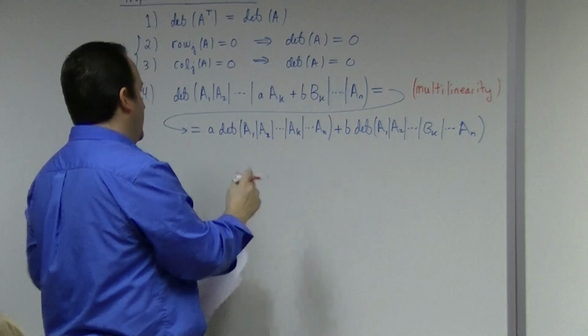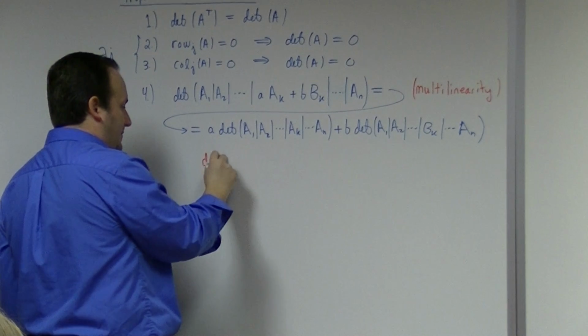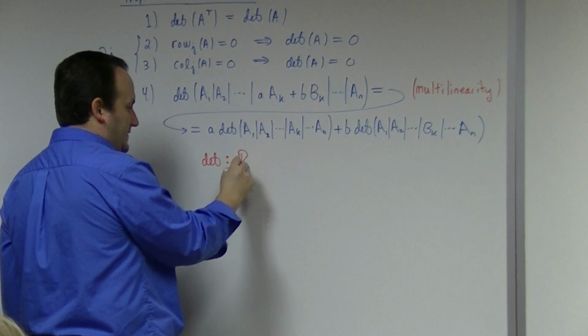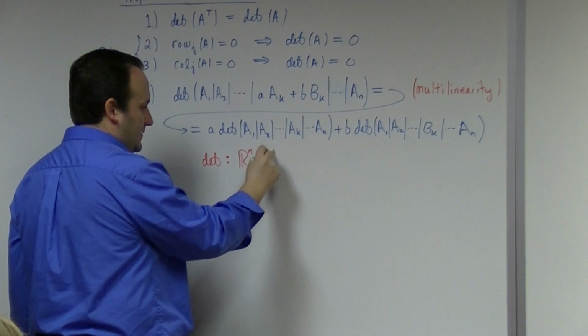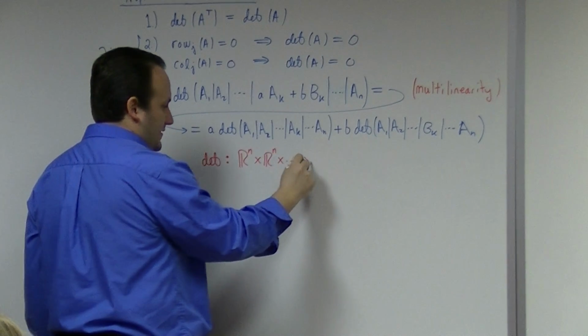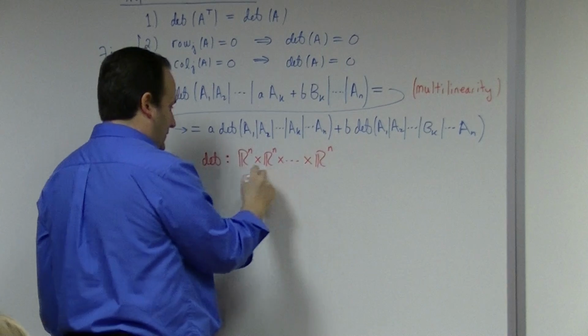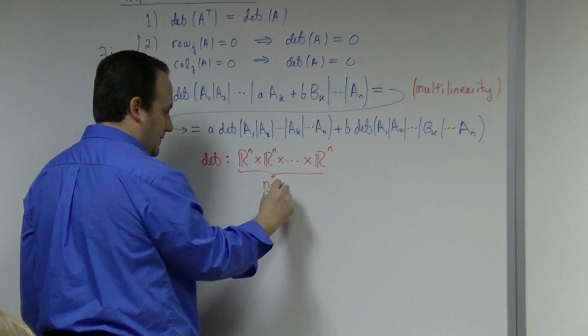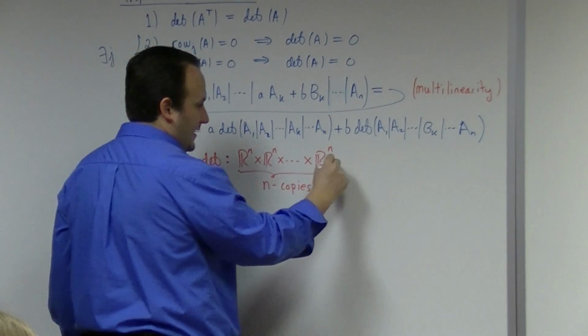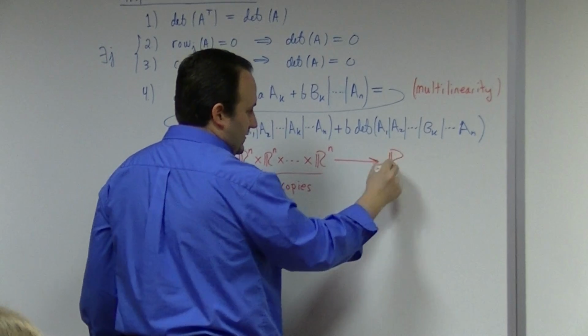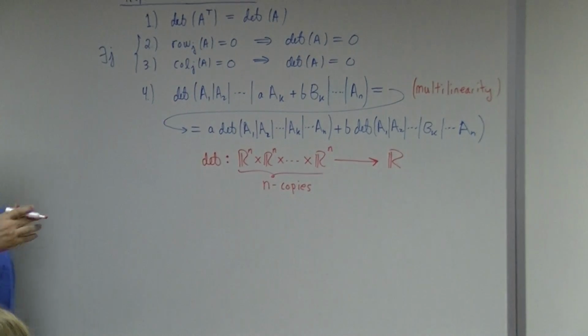In particular, you can think of the determinant as a mapping from R^n cross R^n cross R^n, n copies, and it outputs a real number. What I'm saying in the blue right above here is simply that this mapping, the determinant, is linear in each one of these vector entries. So this is called multilinearity.